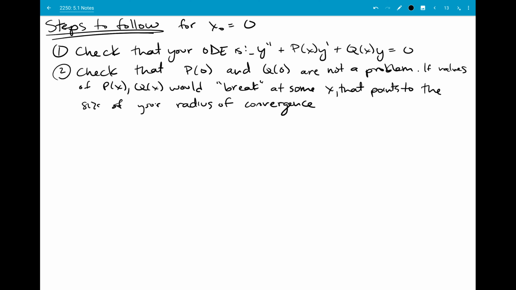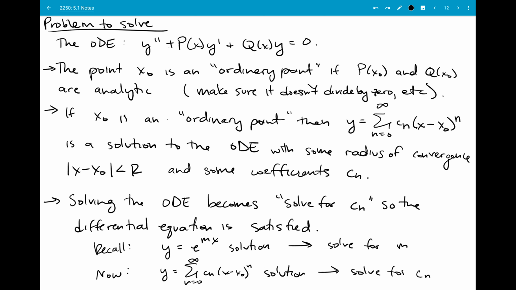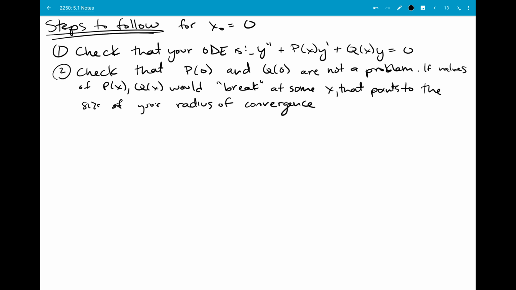So like if 0 is fine, but 17 is bad, then you know your radius of convergence is going to stop at 17. You don't technically have to check that part though, because you could instead do the ratio test to figure out the radius of convergence.